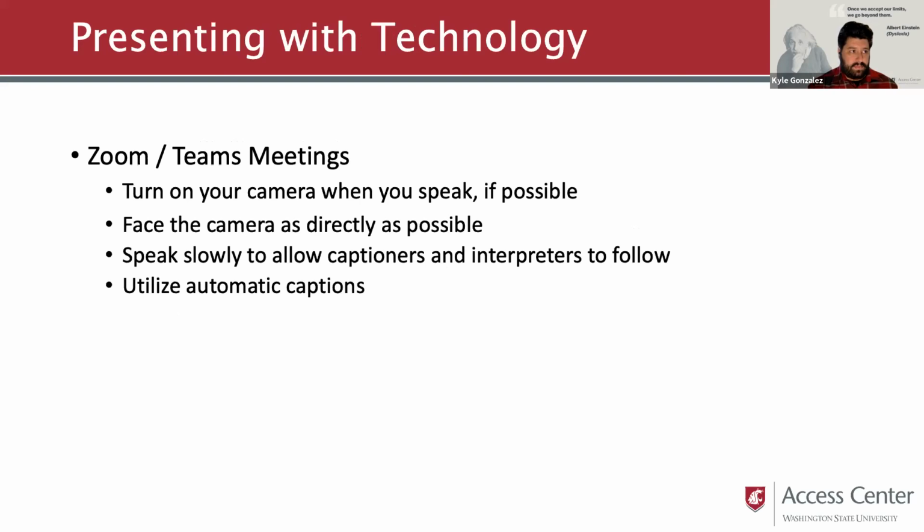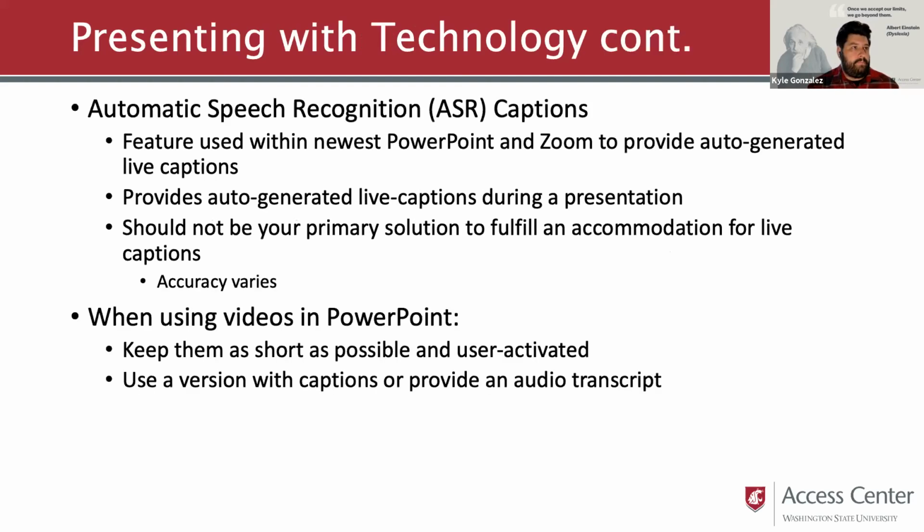Again, you want to speak slowly to allow captioners and interpreters to follow. And utilizing automatic captions is a good secondary, and that can be done through automatic speech recognition captions, which is primarily used between PowerPoint and now Zoom. And these are auto-generated live captions during a presentation.